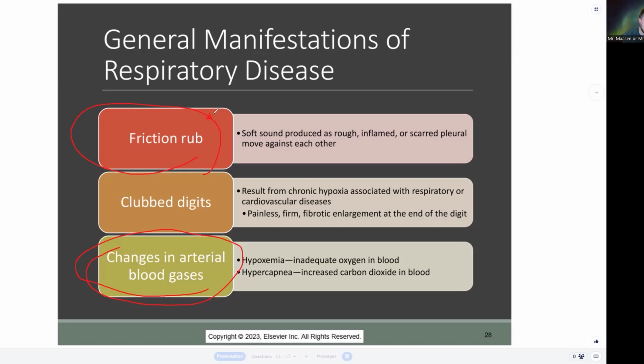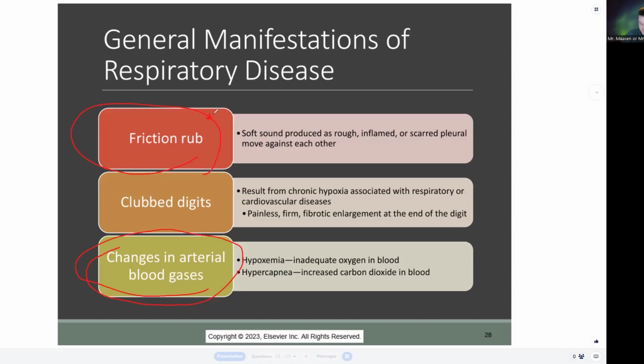Some sounds you'll hear more predominantly with expiration versus inspiration. But basically, the pleura, the membrane, is either scarred or inflamed or has extra fluid on it, and that can cause what they call a friction rub, which makes a friction kind of sound.